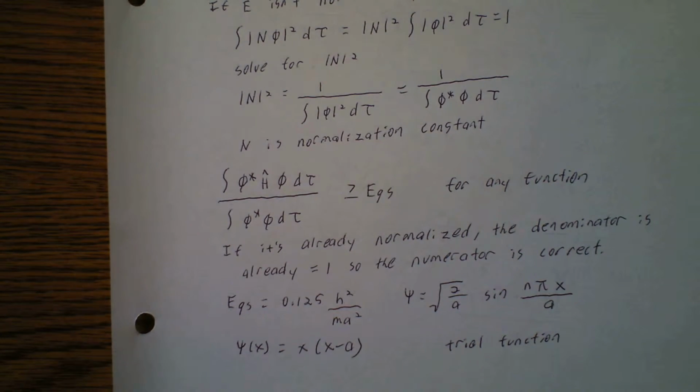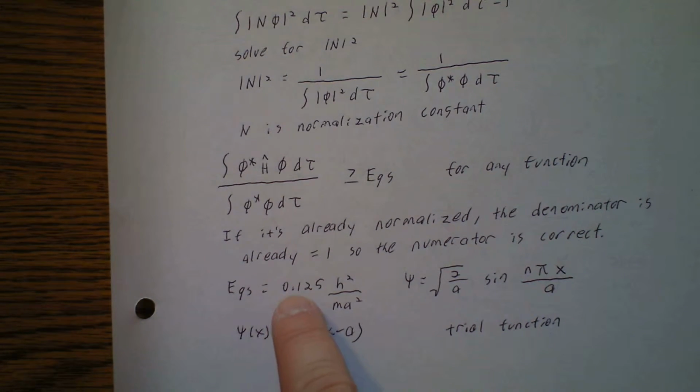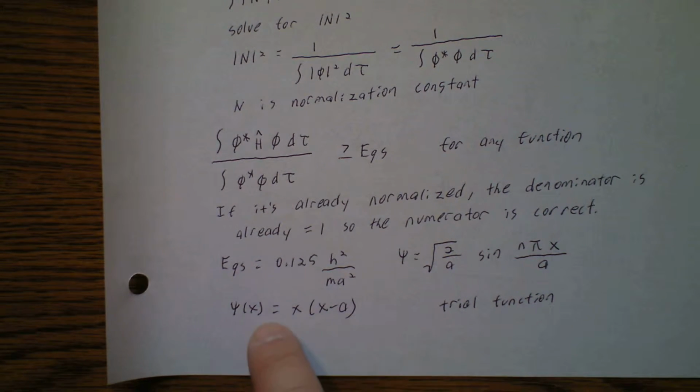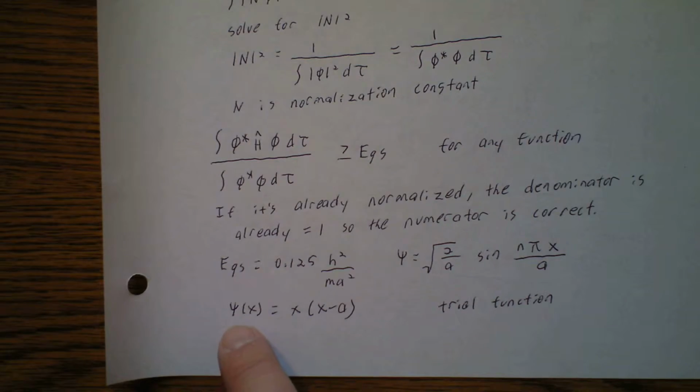So the energy of the ground state is going to be 0.125 h squared over m a squared. So we get psi is equal to the square root of 2 over a times sine of n pi x over a. So let's say that our trial function for psi of x is psi of x equal to x times x minus a.